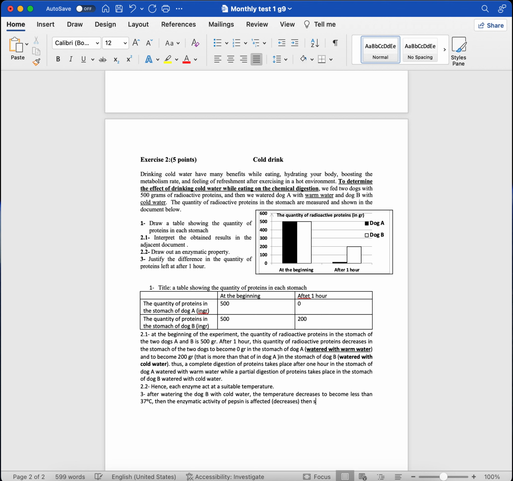Then slow digestion, and this leads to a partial digestion, and this justifies the difference in the quantity of proteins left after 1 hour.